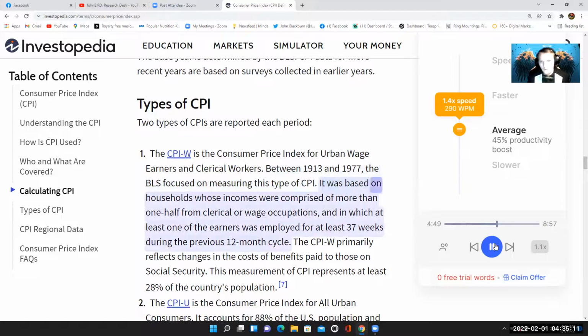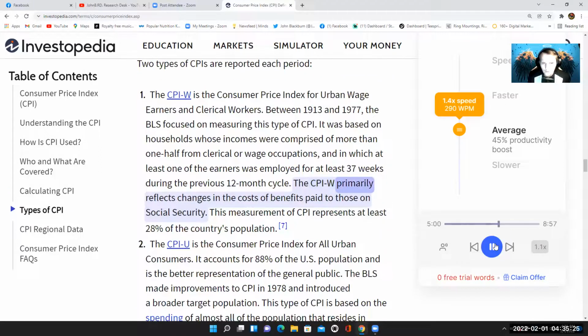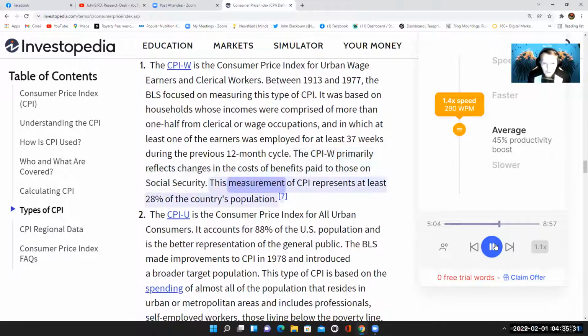It was based on households whose incomes were comprised of more than one-half from clerical or wage occupations, and in which at least one of the earners was employed for at least 37 weeks during the previous 12-month cycle. The CPIW primarily reflects changes in the costs of benefits paid to those on Social Security. This measurement of CPI represents at least 28% of the country's population.